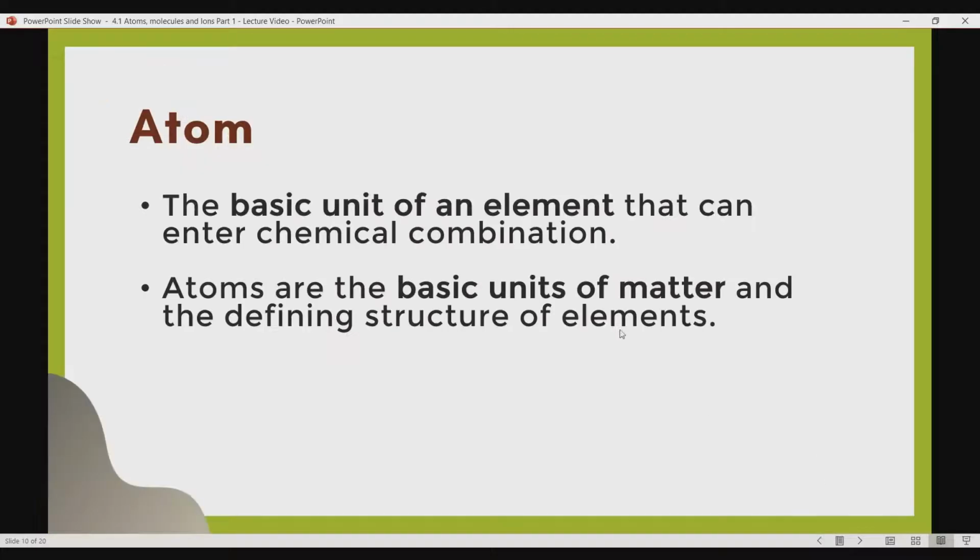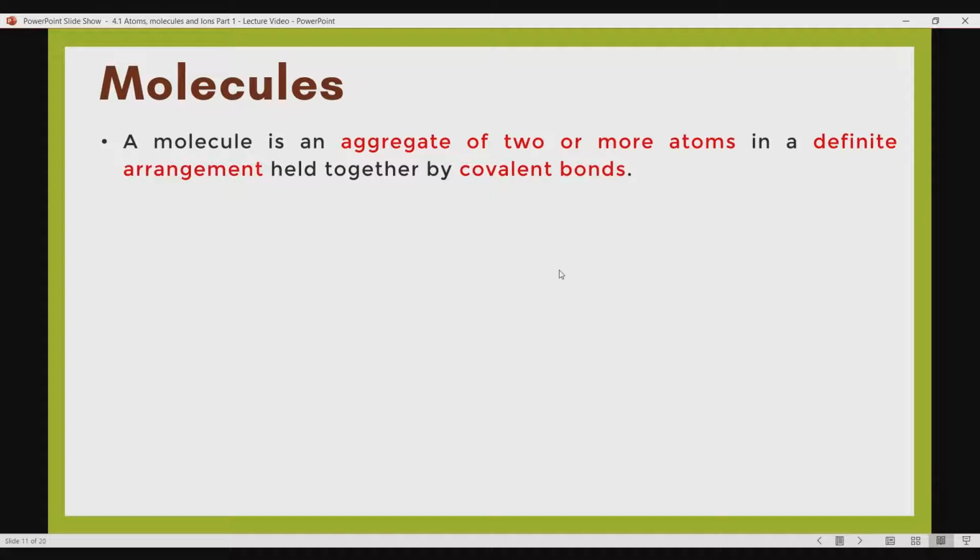Kasi kung ang atom po ay basic unit, okay, kumbaga basic building block siya for building elements and other chemical combinations, molecules on the different side is an aggregate of 2 or more atoms in a definite arrangement held together mostly by covalent bonds. So, kung nagkumpul-kumpol or naggrupo-grupo na yung mga atoms mo, okay, that is a molecule.